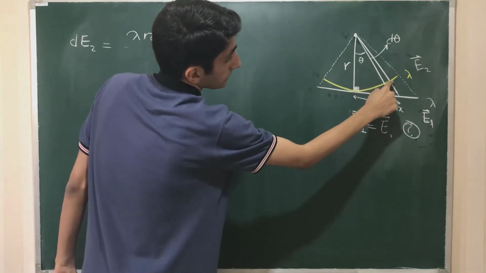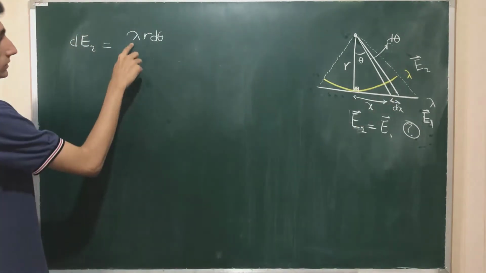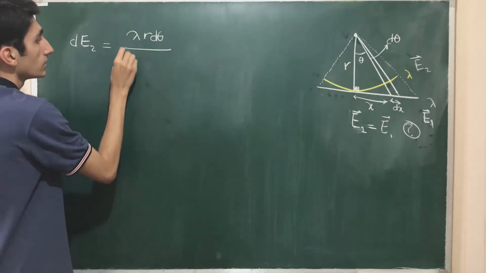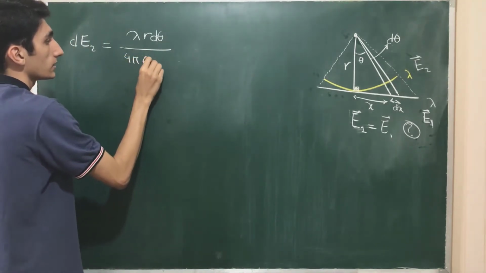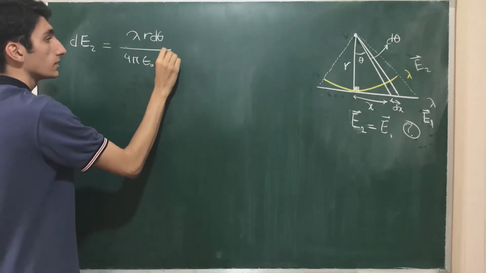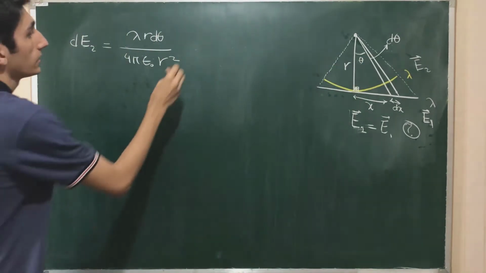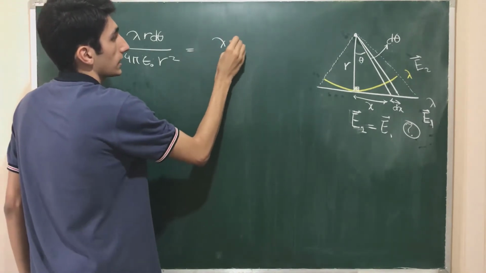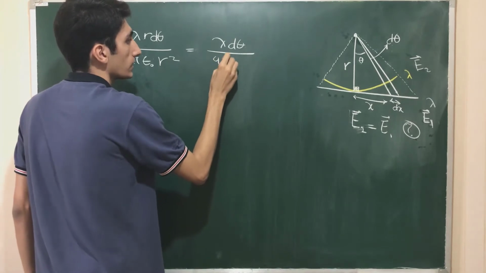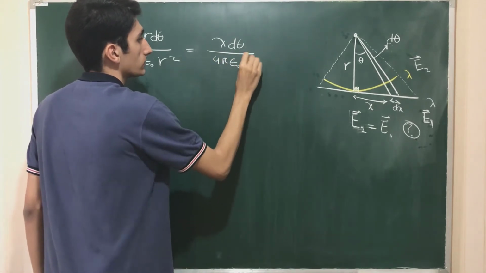R d theta is the length of this piece, so this would be the electric charge of that piece, over 4 pi epsilon 0 times the distance, which is r squared. This equals lambda times d theta over 4 pi epsilon 0 times r.